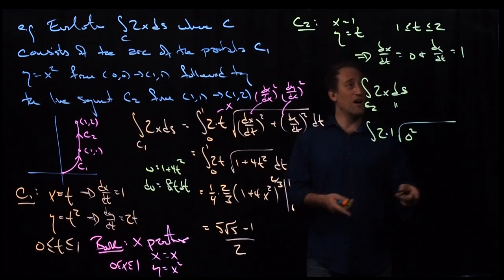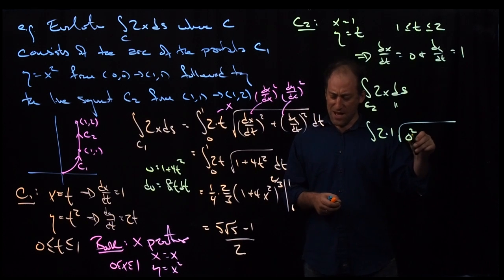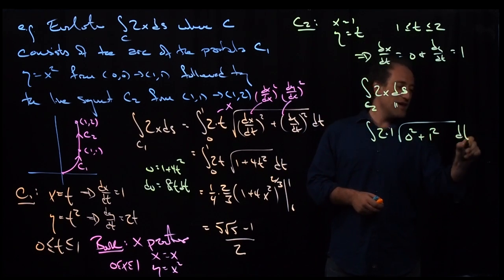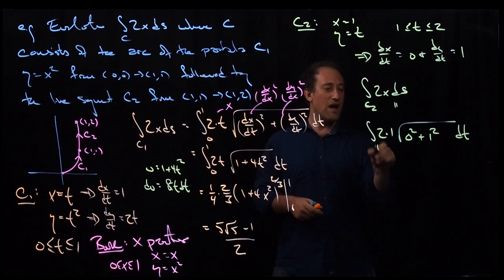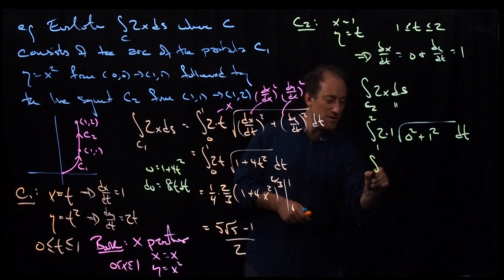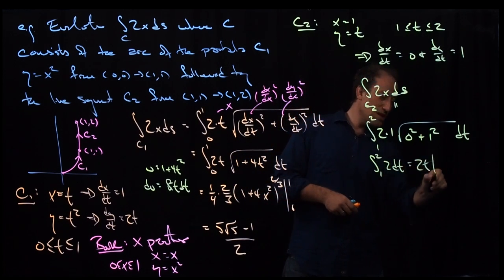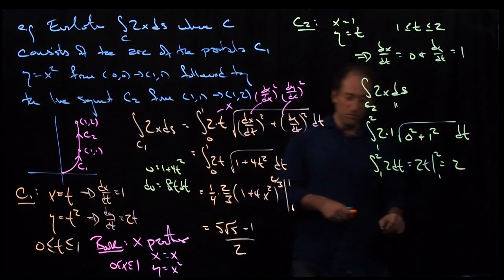The square root of (dy/dt) squared will be plus, not very eventful, 1 squared. All of this integrated with respect to t. And of course, I'm on the bounds that bound the parameter t, 1 to 2. All right, so integral 1 to 2 of 2 dt, 2t from 1 to 2, 4 minus 2 will be 2.